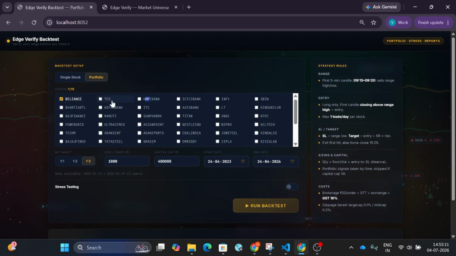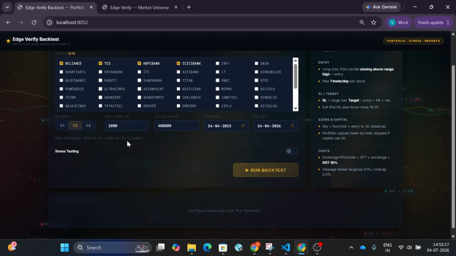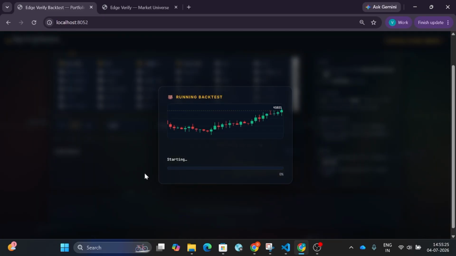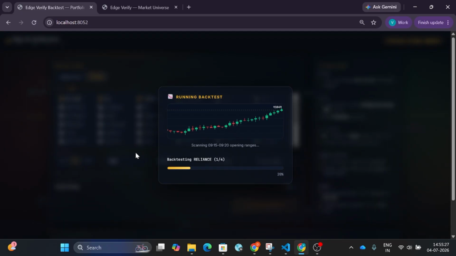So let me select 4 stocks, and let me select 1:2, and here I have set the per-trade loss, the maximum capital, and the backtest start date and end date. Let me run it. In this option the user can select multiple stocks, and they can backtest as a portfolio backtest.